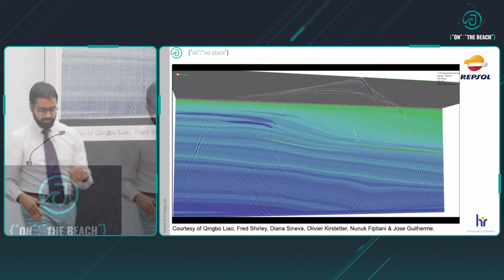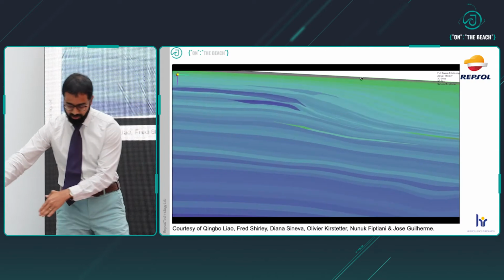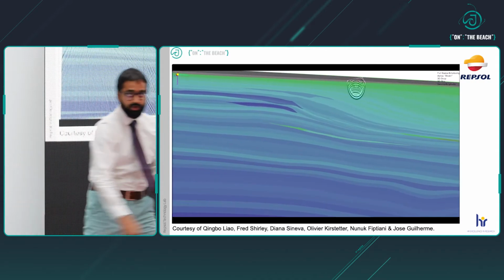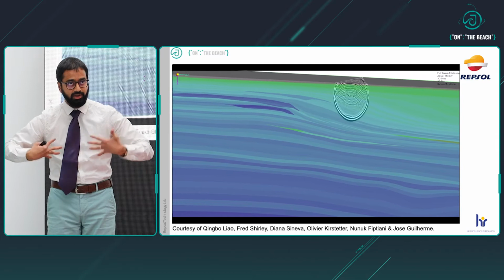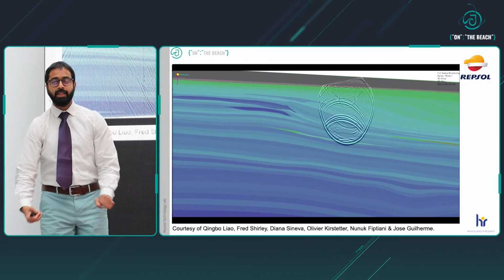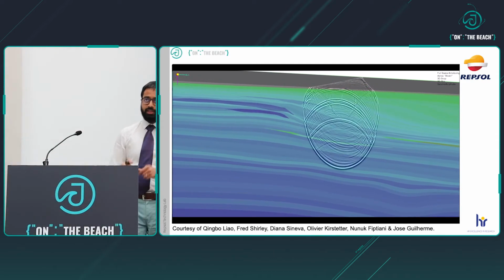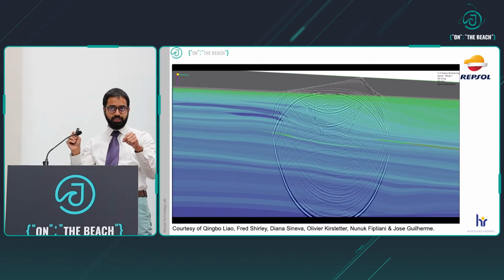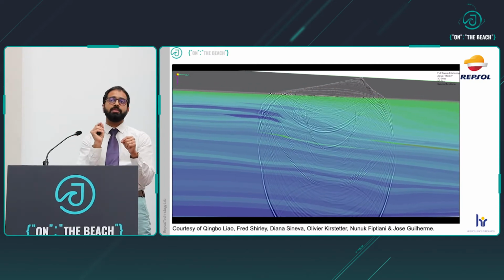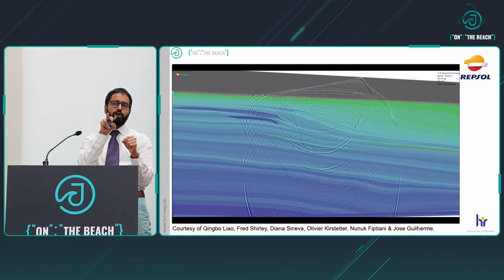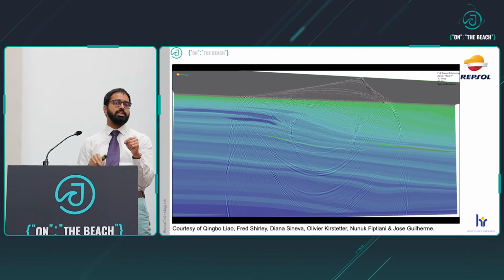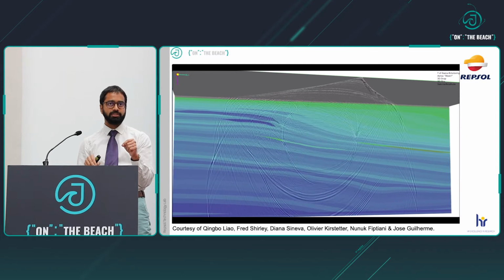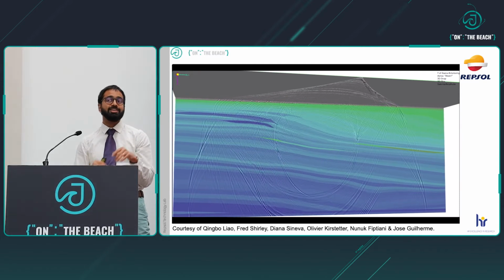Imagine you're here, that's your 1D point, and you want to know exactly how the Earth is underneath. So the vertical axis is time, the horizontal axis is space, and you want to somehow take an image of those interfaces which are underneath the Earth. Correct? And why do we need to do that?